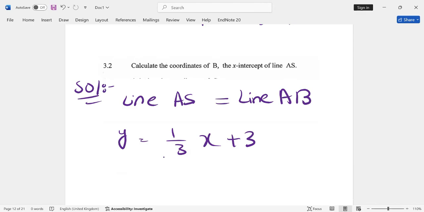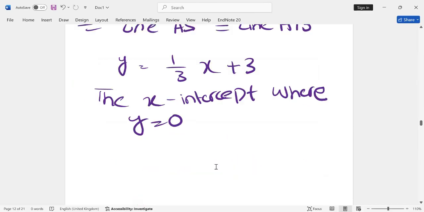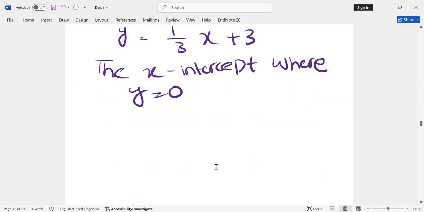All right? The x-intercept is where y equals 0. I'm just putting y equals 0 in the above equation.